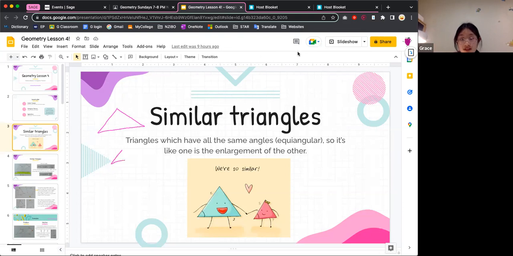It's not very well drawn, but you can see how they have the same angles, except their sides are quite different. So these would be similar, these angles are all the same.